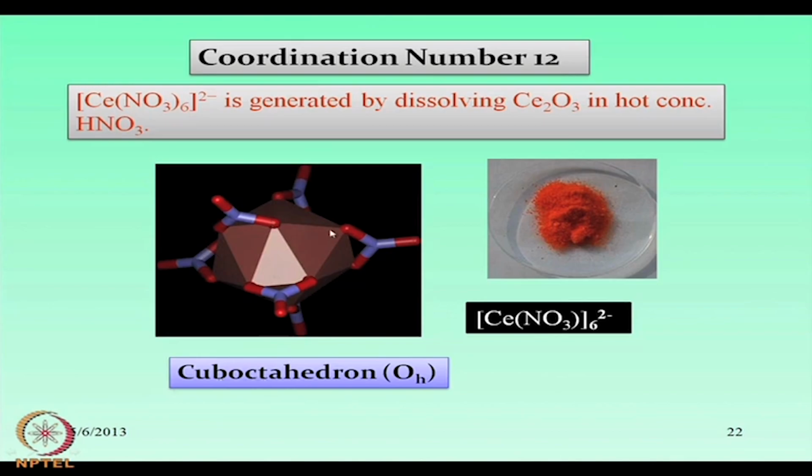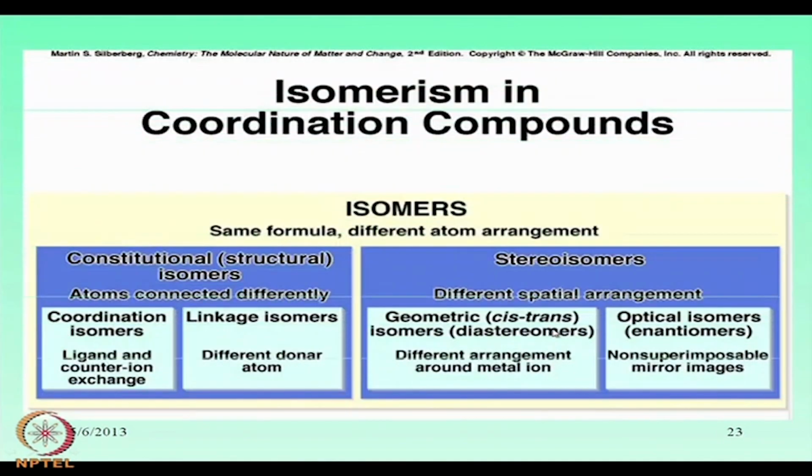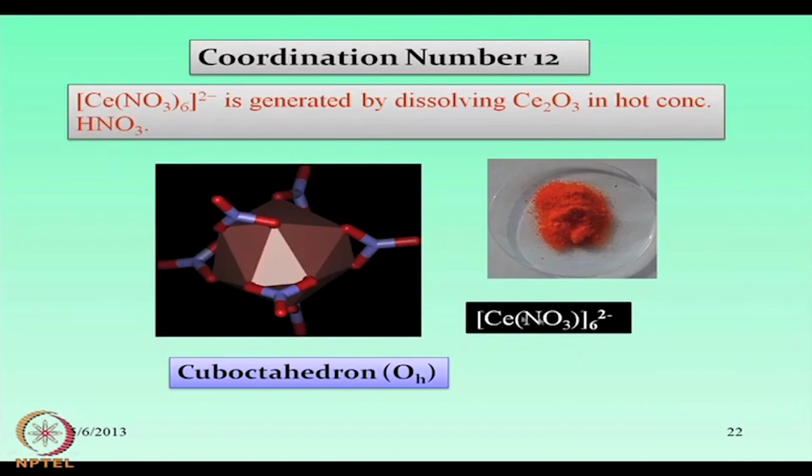And this cuboctahedral form arises because the problem is that we have to accommodate 6 such nitrate groups around the cerium atom.